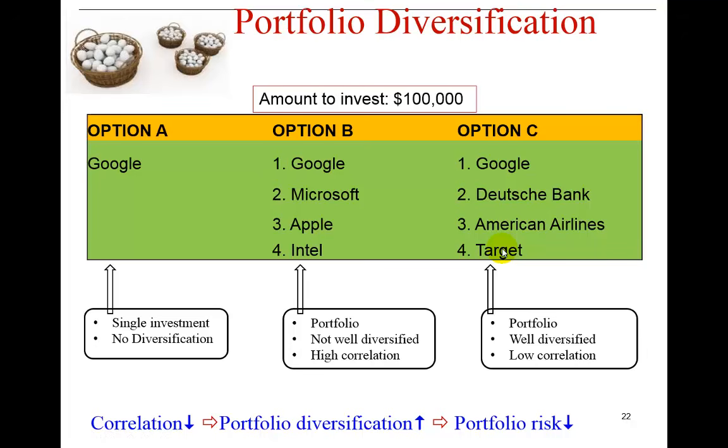And it's logical to conclude that this is a well-diversified portfolio. These securities have very little in common. They have a low correlation, or you can say they have a low covariance. They covary very little. And as a result, it's quite likely that if something is ailing with Google, Deutsche Bank, American Airlines, and Target may still have a smile on their face.